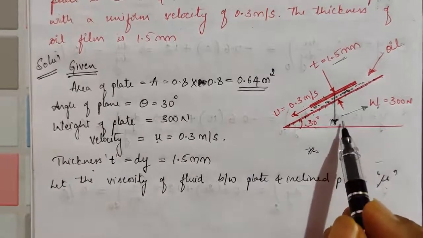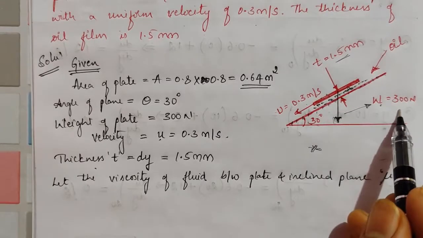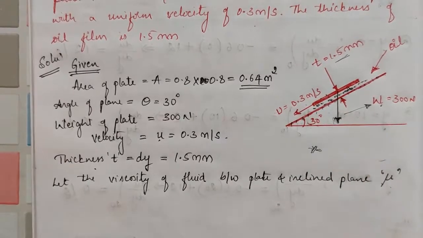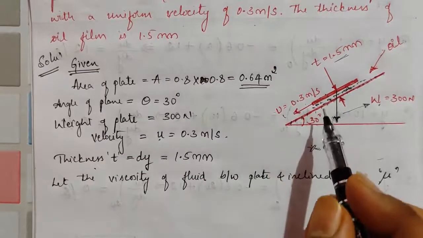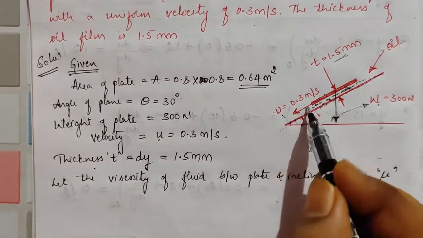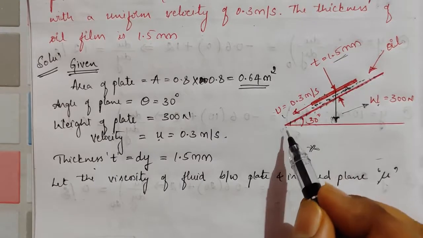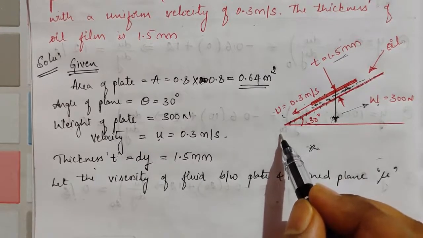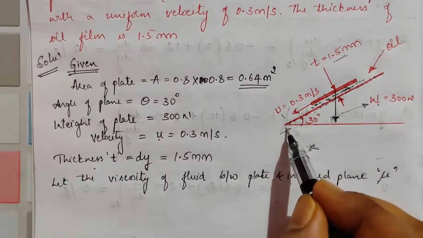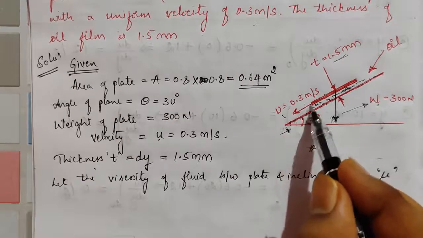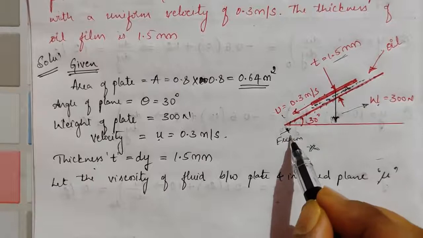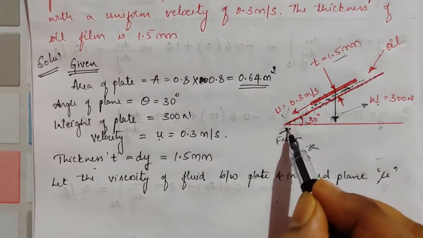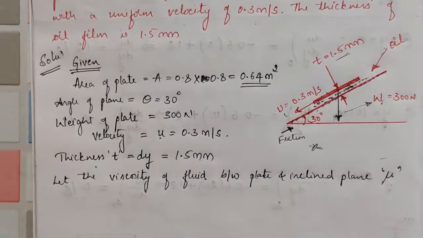Now see here, this is 300 Newton, and u is the velocity. In your first year you have learnt that when the velocity is like this, some force will be there. If the velocity is sliding this way, the friction force will be opposite to the velocity of the plate.